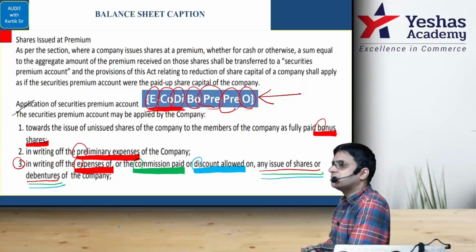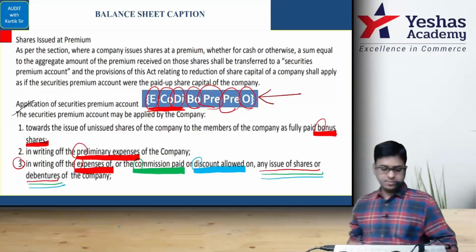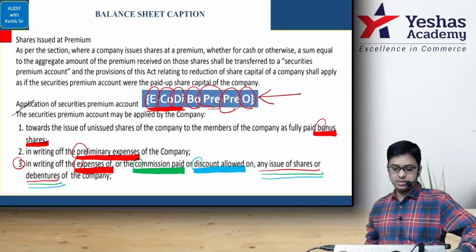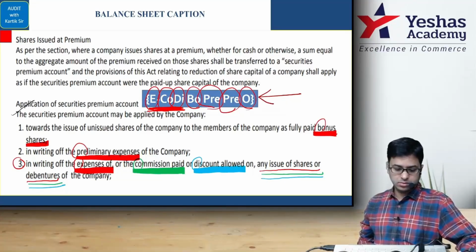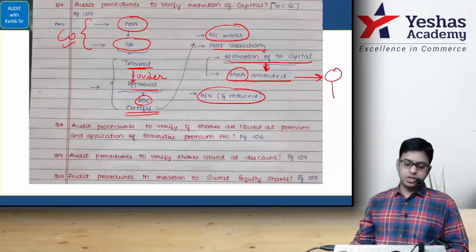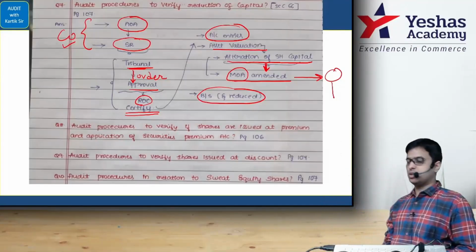Are we there? Yes or no? Area for the answer sheet. Have you written the question there? Write the question there, please. Audit procedures to verify if shares are issued at premium and application of secondary premium account.